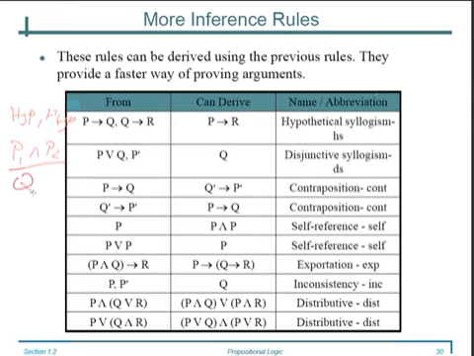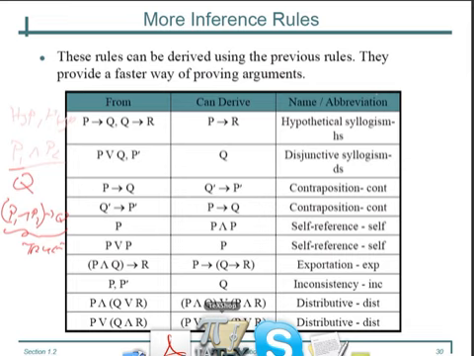Whatever it derives, this can be written as P1, P2 implies Q. And if you can show that this is true for every value of P and Q, or if you have variables with quantifiers and predicates, then with the given quantifiers it is always true, then you have a new inference rule.